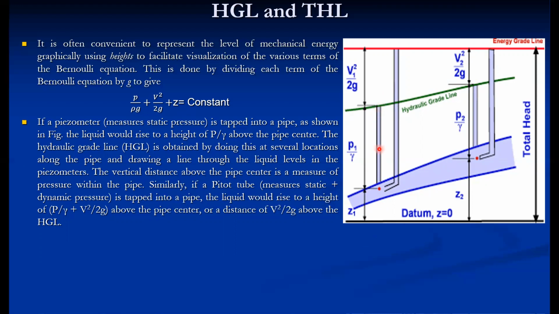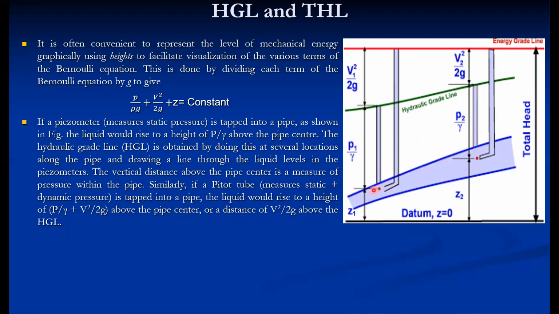Suppose this is a level which indicates the piezometric head, which is the addition of static head and potential head. If we tap such piezometers at different locations in the pipe, they show different levels of piezometric head based on the pressure there.